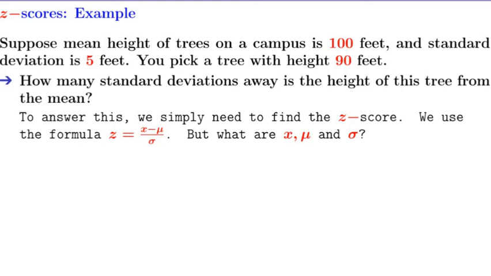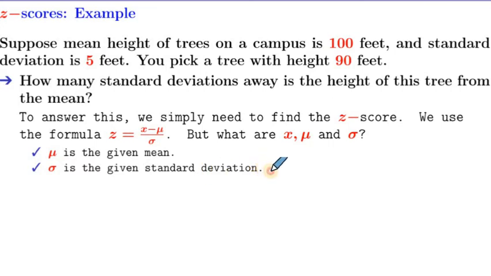To answer this, we simply need to find the Z-score. We use the formula Z equals x minus mean over standard deviation. But what are our x, our mean, and our standard deviation? That is all given in this question. So mu is the given mean, which is this.